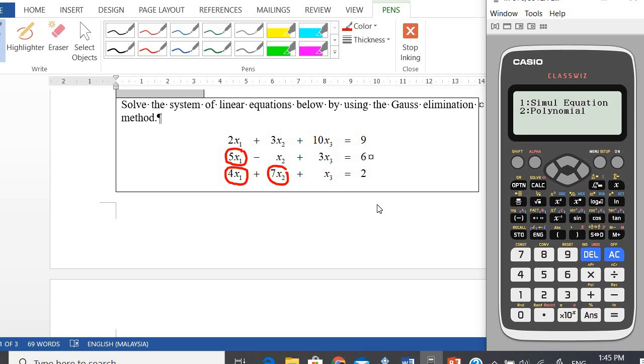But if the question wants you to solve by the Gauss elimination method, you have to reduce: step 1, reduce the x1 from row 2 to 0. Step 2, reduce the x1 from row 3 to 0. Later on, reduce the x2 from the latest row 3 to 0 to obtain the upper triangular matrix, and then use backward substitution.